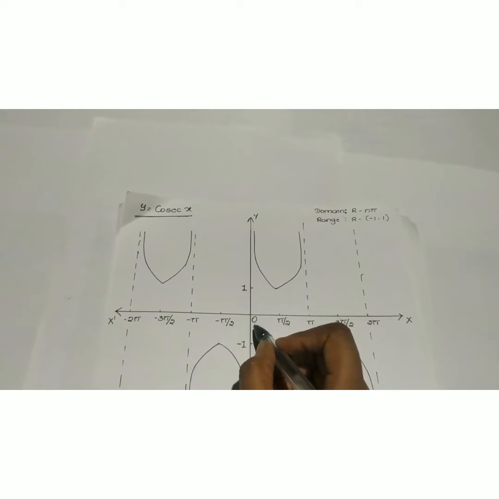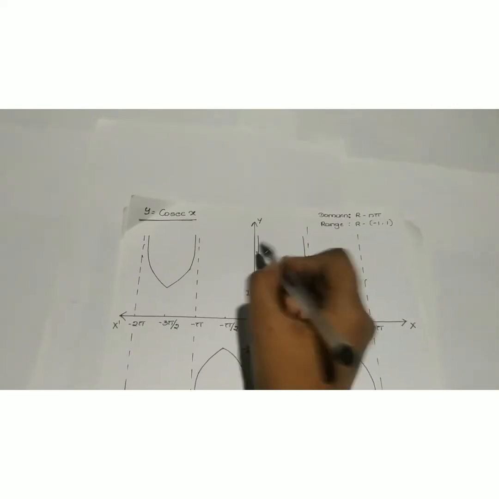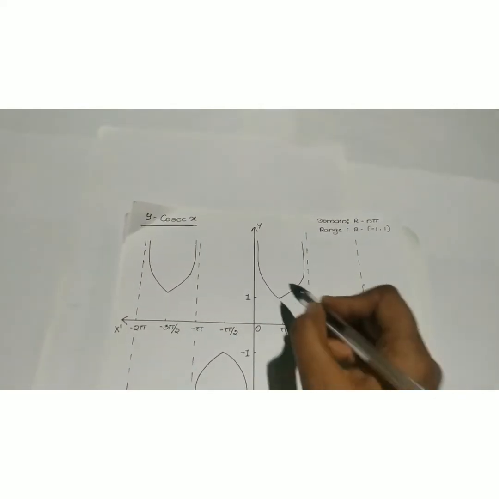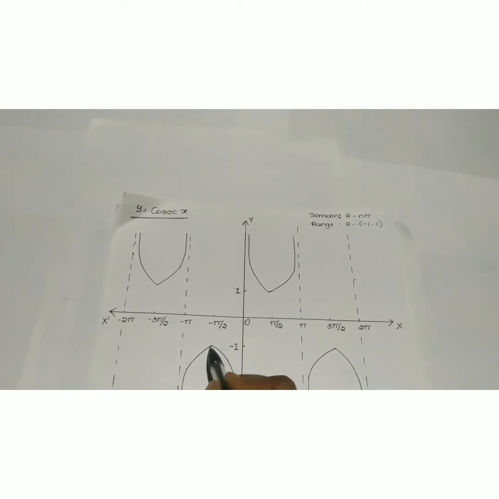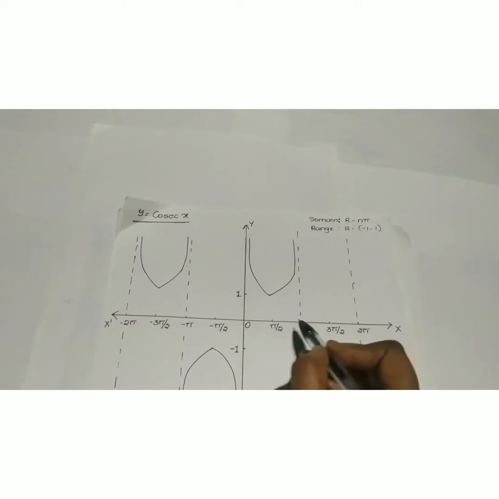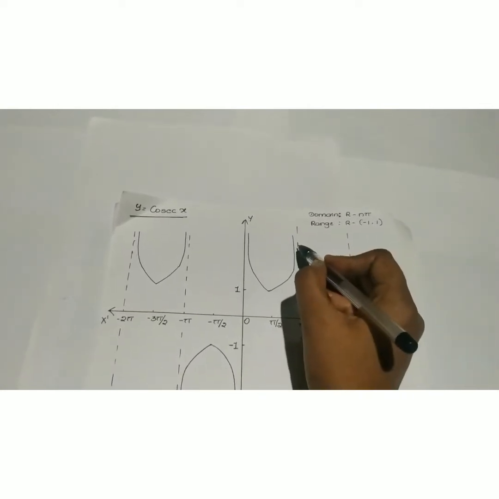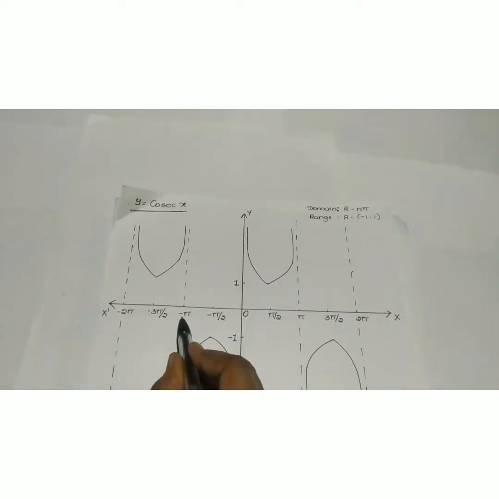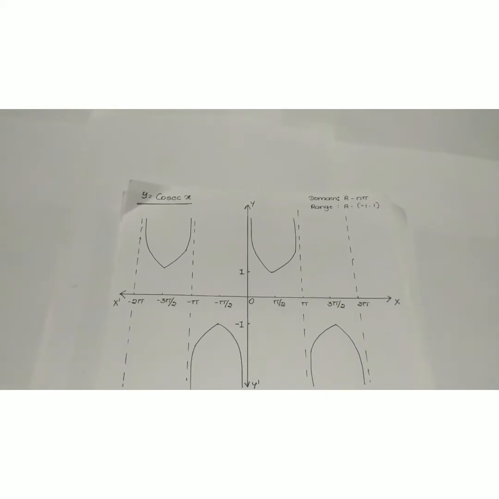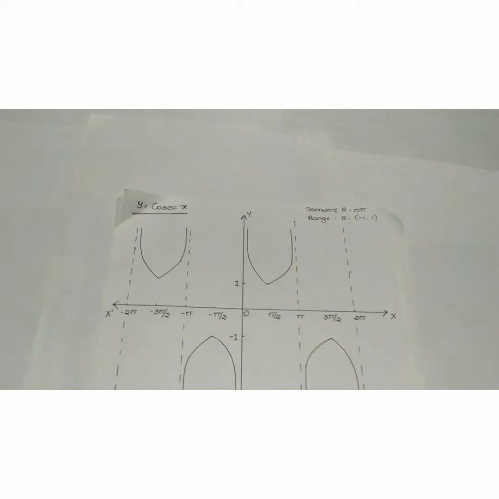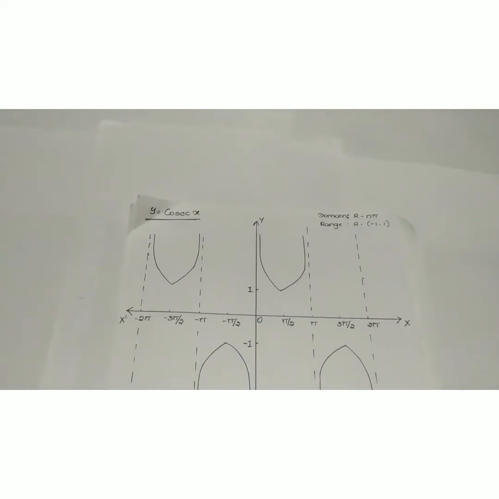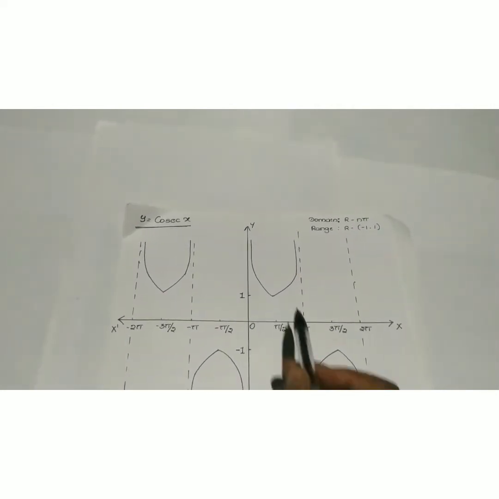So here cosec 0 value is not defined, and cosec pi by 2 value is 1, and cosec minus pi by 2 value is minus 1, and cosec pi value is not defined, and cosec minus pi value is also not defined. This is the graphical representation of the cosec function.